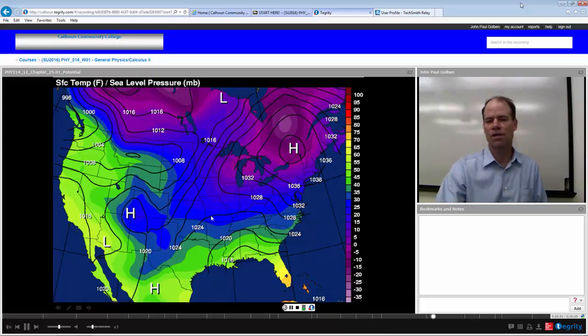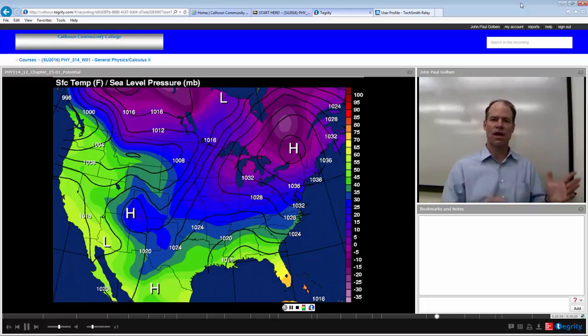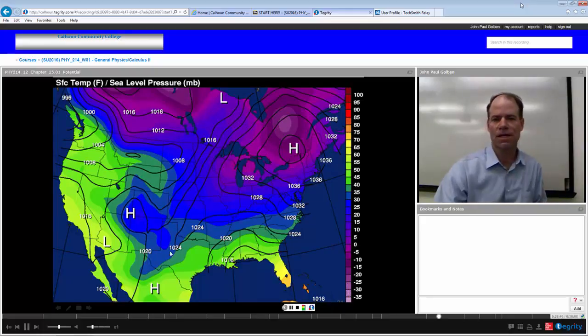Here we have a pressure map, and we can connect lines of equal pressure, and that would be our isobars, and that kind of corresponds to our lines of equal potential or our lines of equal height in electric fields or geographical fields, respectively.